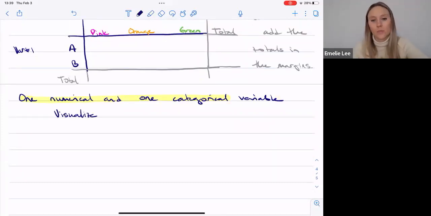we've got a few options, right? We can make a histogram or a box plot, and we can split them up by the categories. But usually making the box plot, a side-by-side box plot, is the easiest way to do it.